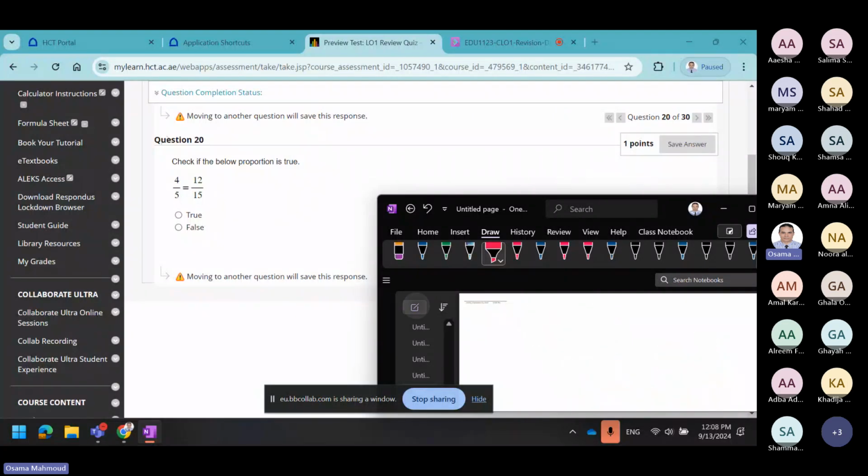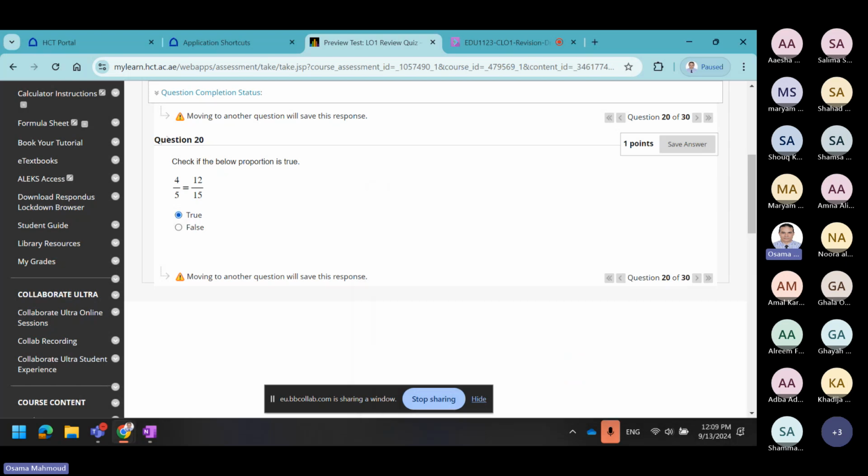So be careful with this one. To check if 4 over 5 is equivalent to 12 over 15, you have to make the cross: you multiply 5 by 12, and you multiply 4 by 15. Don't be in a hurry, because I did this one on purpose to check, so you would choose the incorrect answer. So they are equivalent. So yes, true.